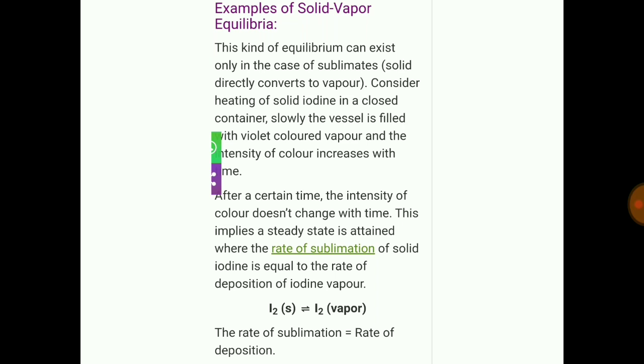After a certain time, the intensity of color does not change with time. This implies a steady state is attained where the rate of sublimation of solid iodine is equal to the rate of deposition of iodine vapor. So, the rate of sublimation is equal to the rate of deposition.